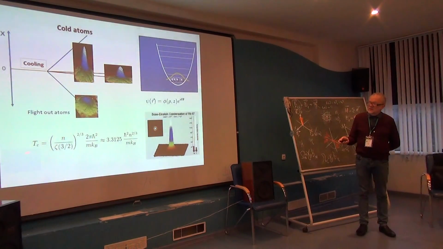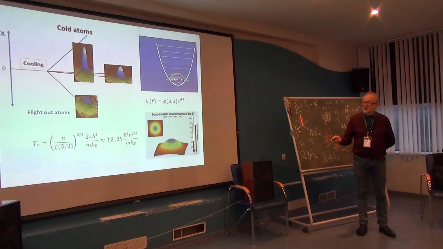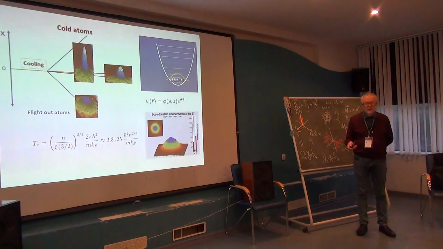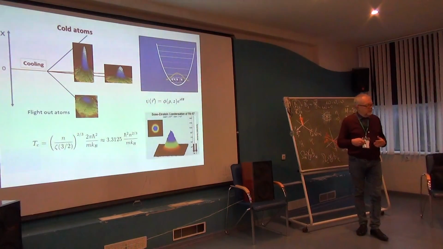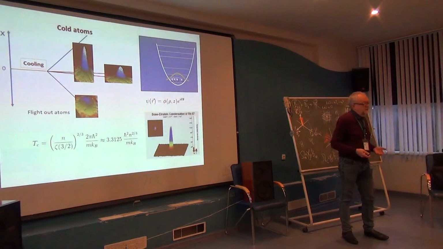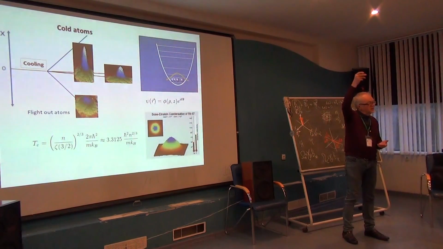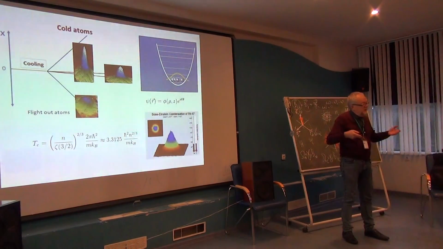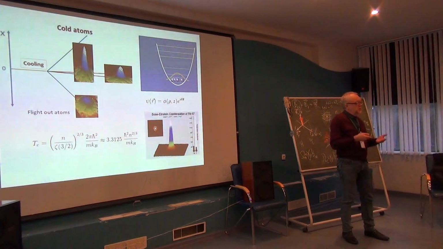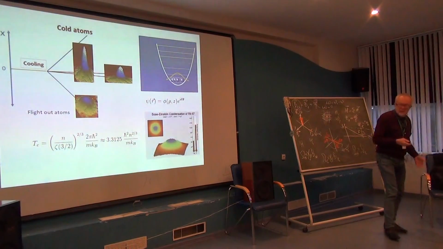If the temperature is higher than this limit, we have a gas. If the temperature is lower than this limit, we have a macroscopic number of atoms in the ground state. There is just not enough space to put all atoms in different states. So we have a ground state with a macroscopic number of atoms.